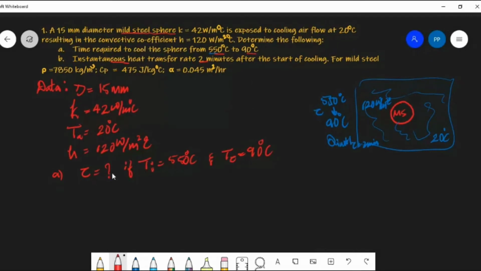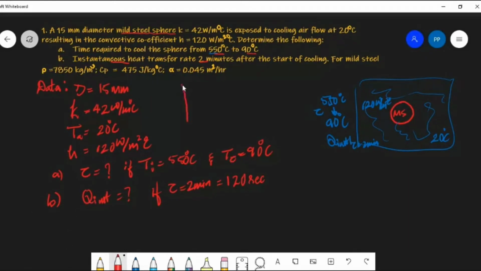So for these two conditions, we need to find out the time required. Then B, we need to find out Q instantaneous if tau equals 2 minutes. 2 minutes is nothing but 120 seconds. So after 120 seconds, we need to find out what is the instantaneous heat transfer rate.